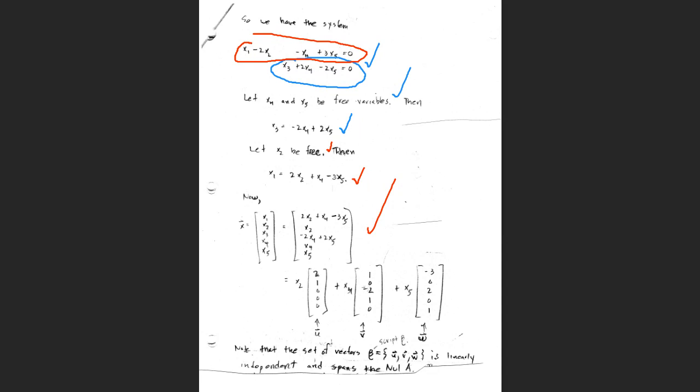Okay, and you see now that we've written out our variables, and we have two basic variables, x1 and x3, in terms of the free variables, and now we can expand that solution out in parametric vector form.